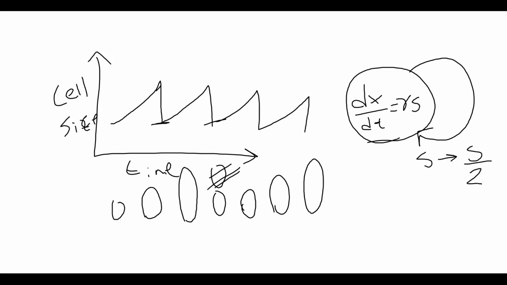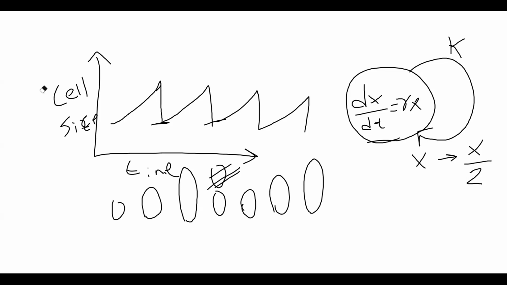Okay, so there are different models. So here is X. I'm going to use, as explanation, a transition rate proportional to the cell size.